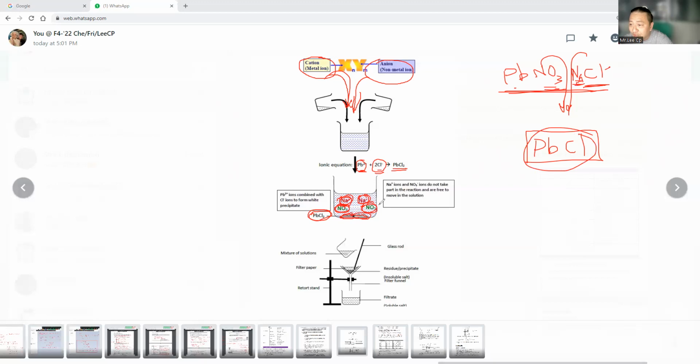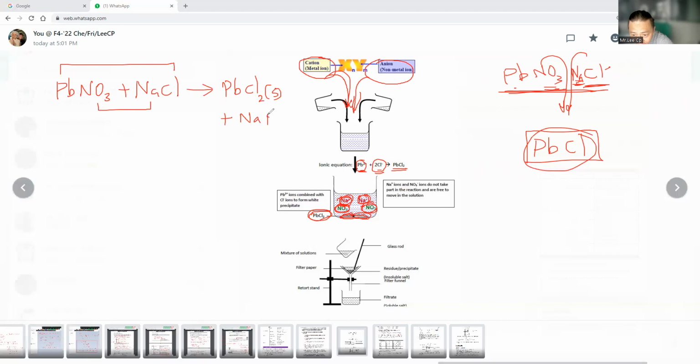So we are going to try to write the formula here. Let's say we have Pb(NO3)2 plus NaCl. What we have is PbCl, and this one is solid because it is not soluble. So I balance it out: this one 2, this one 1. So this one is PbCl2 plus Na and NO3.